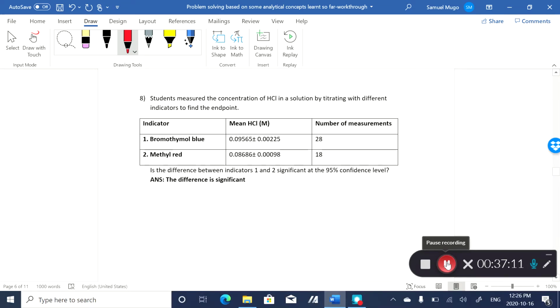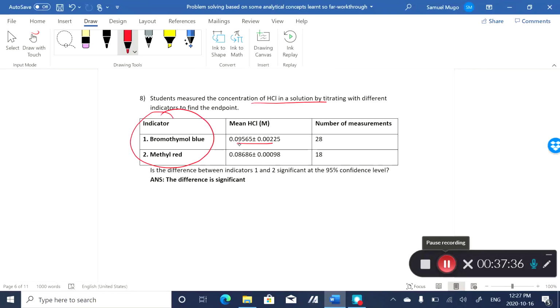You've got a student here who measured the concentration of HCl by titrating it, using, of course, a base, but they used two different types of indicators. So they used two different types of color indicators, the bromothymol blue and the thymol red. And so they got these results.